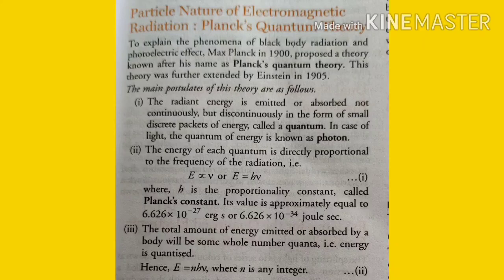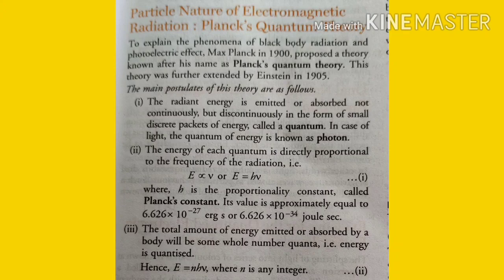So we can write E is directly proportional to nu, or we can write E = h nu, where h is the proportionality constant called Planck's constant. Its value is approximately 6.626 × 10^-27 ergs, or 6.626 × 10^-34 joule second.